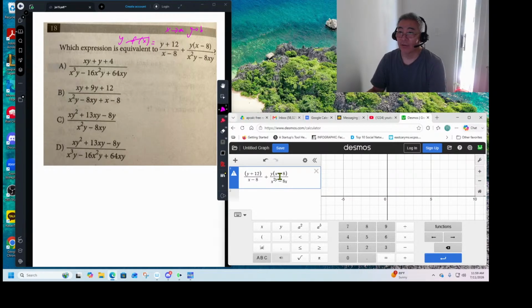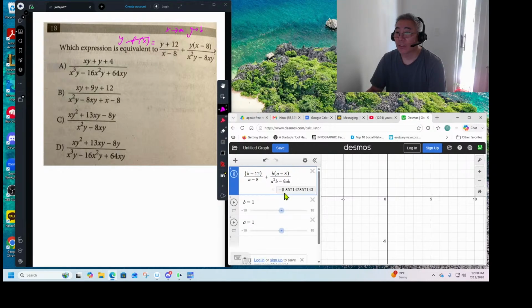Oops, I already forgot. I need to replace the y's with b's, and I need to replace the x's with a's. Okay, is that right? And there's a b here. That looks right. And make them all into sliders.